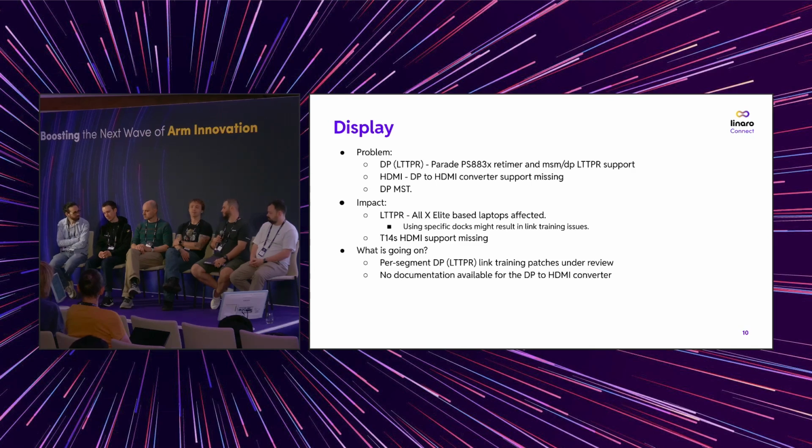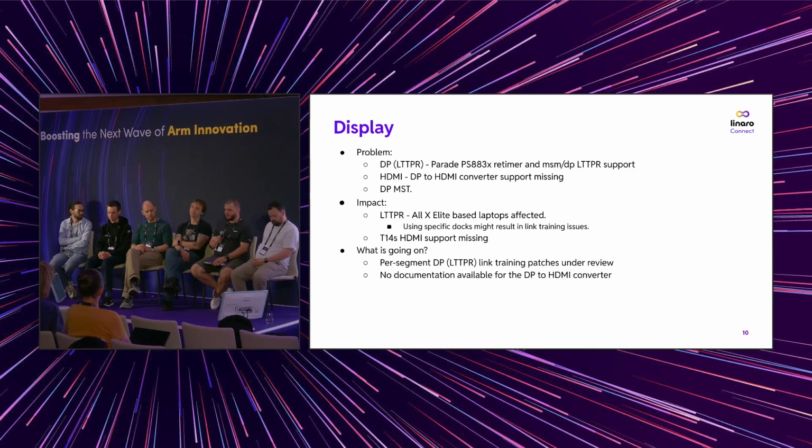Brian asked, what's the difference between transparent and non-transparent mode? Basically, with a link training repeater, you can change some of the electrical properties in order to have the link training be successful in some cases.